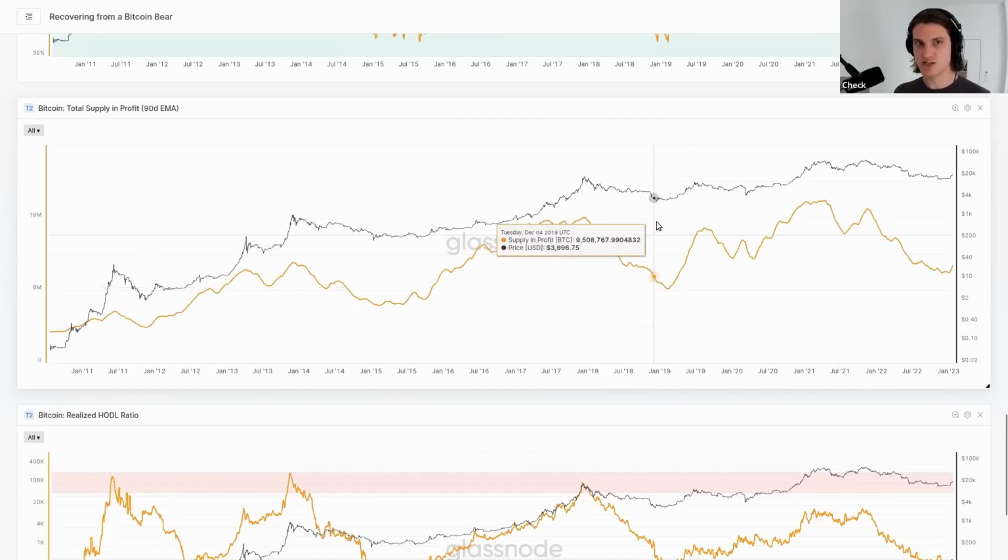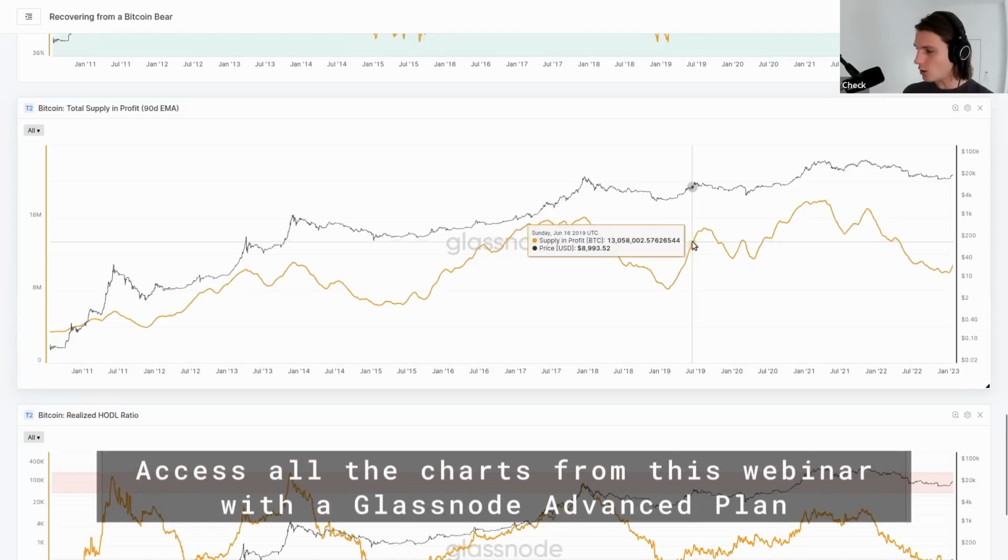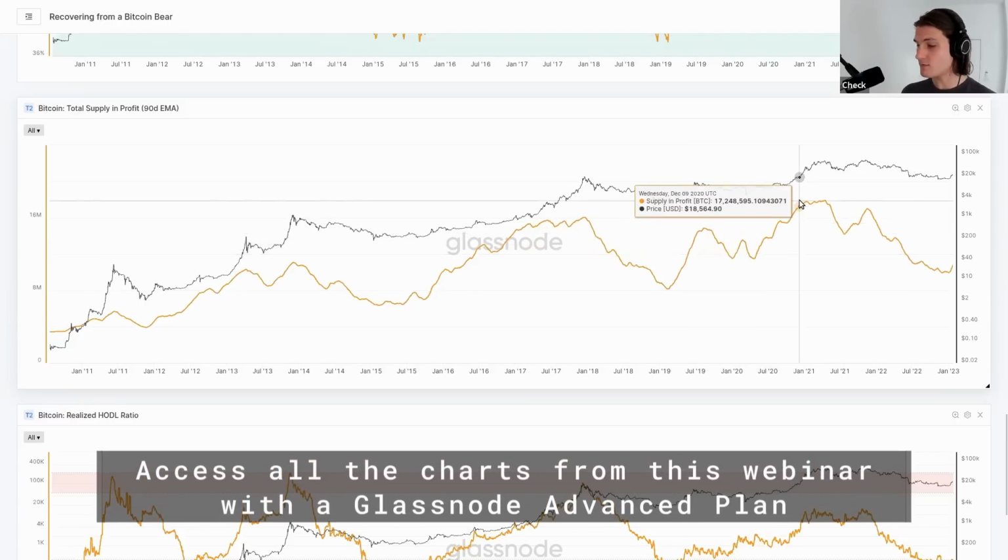It also, similar to the percent supply and profit, is telling you that there's coin volume below you, right? Which means it's been acquired and it's sitting in the green. Easier to hold onto coins in the green. So an uptrend in this metric is a very, very simple gauge to say, are we in a healthy trend?